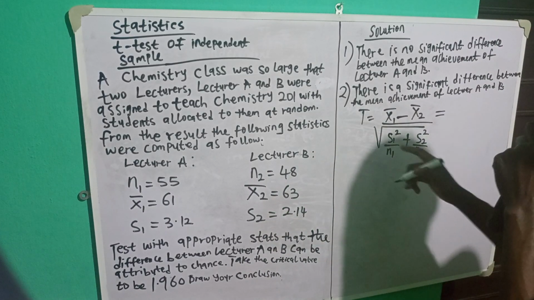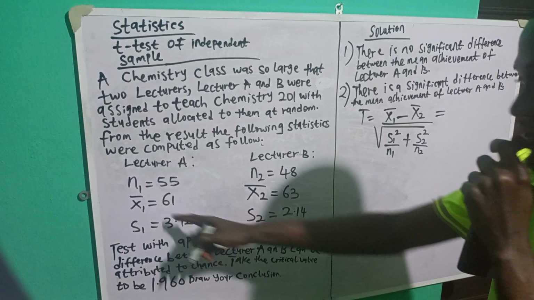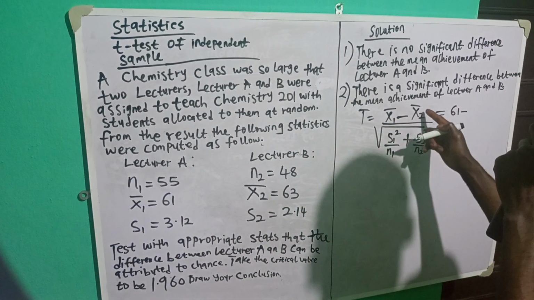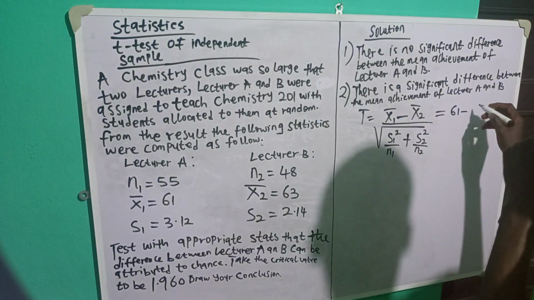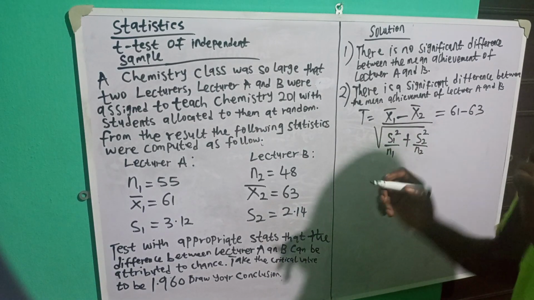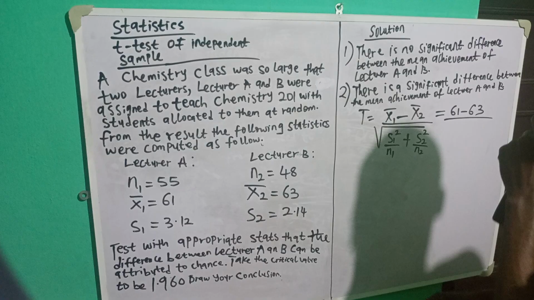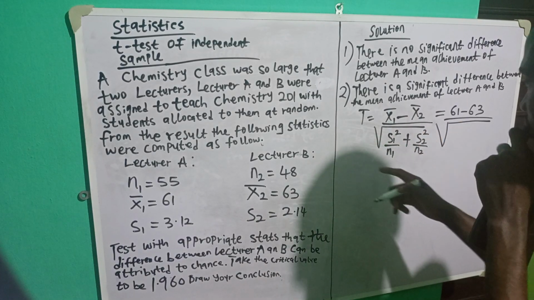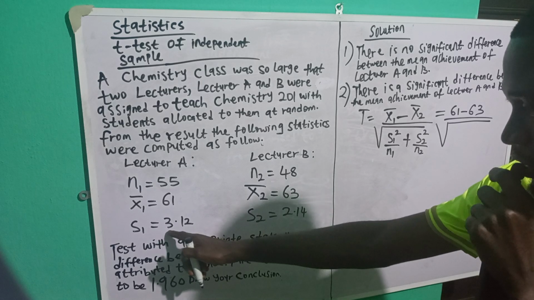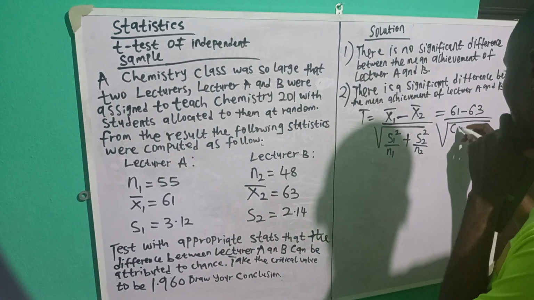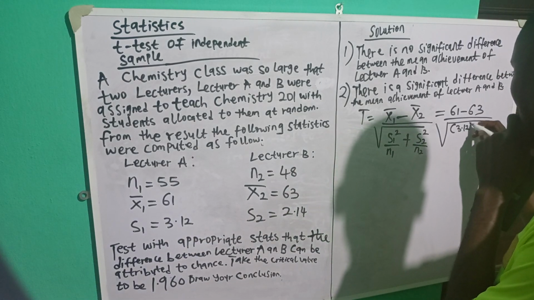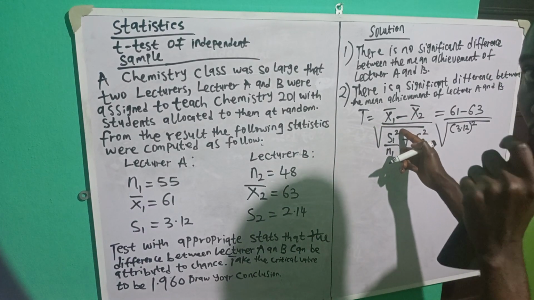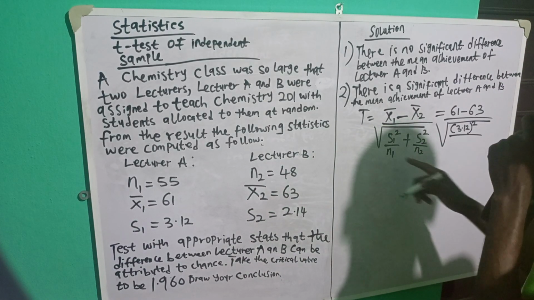And from this formula, what are we going to get? Our mean 1 is 61 from here. So we have 61 minus our mean 2, which is 63. We are applying the formula here over the square root. Because of the square root sign, we put the square root of S1. S1 is 3.12, so 3.12 squared, because from the formula it is squared, over N1.